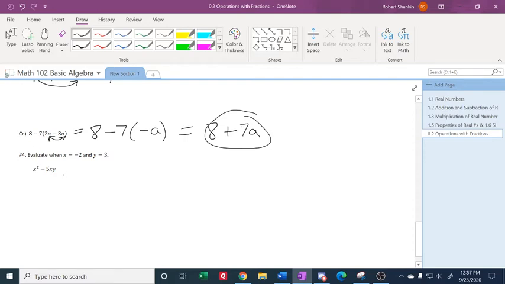Number 4 is more tricky than it looks. Negative 2 squared minus 5 times negative 2 times 3. Alright, there's two things that I did wrong here.